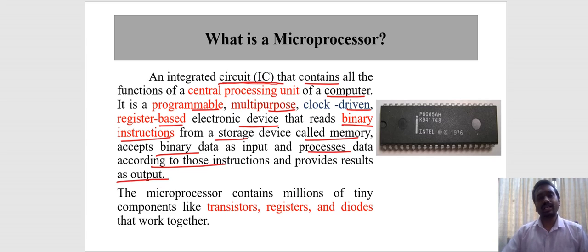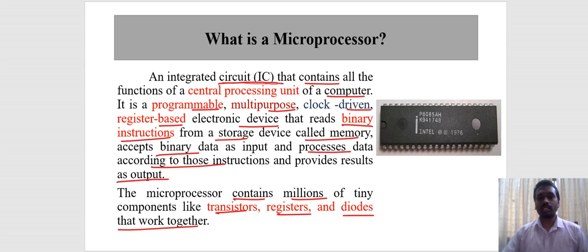And what is actually contained inside this integrated circuit? The microprocessor contains millions of tiny components like transistors, resistors, and diodes, and all these components work together to do a particular operation.